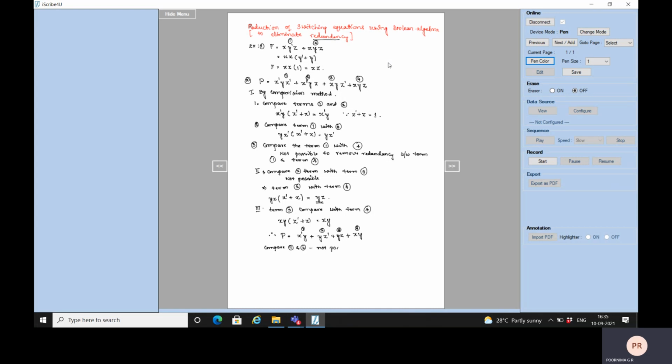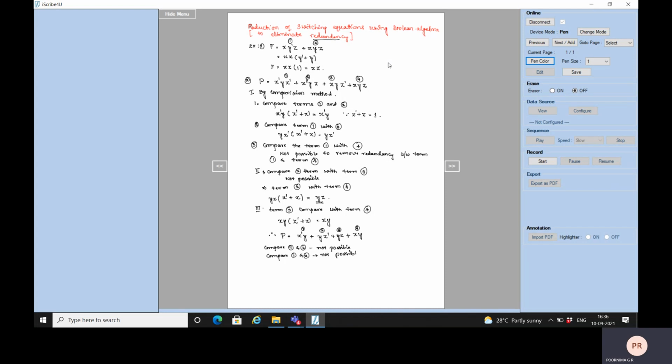Between the 1 and 2 product terms, it is not possible to remove any redundancy, because there is no variable we can remove. Similarly, compare terms 1 and 3. If 1 and 3 are compared, it is also not possible.